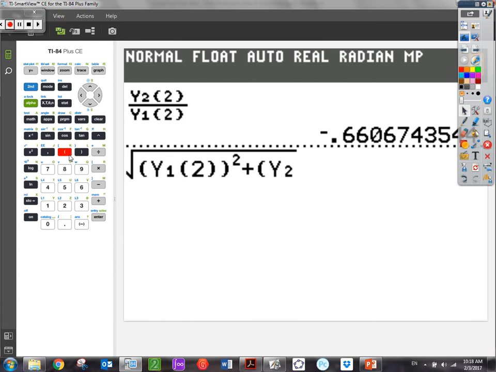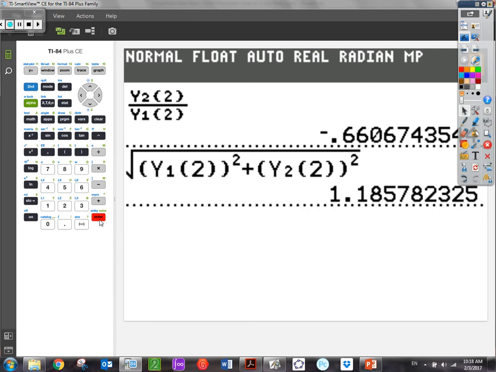Okay, so I need y2 of 2. So of 2, and I need that squared. Okay, so there's our formula. So we hit enter. And we get, that is our speed at time equals 2, 1.1857.